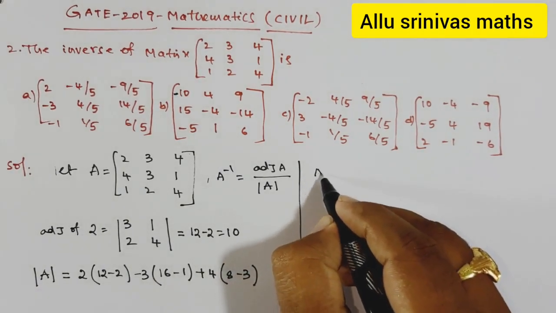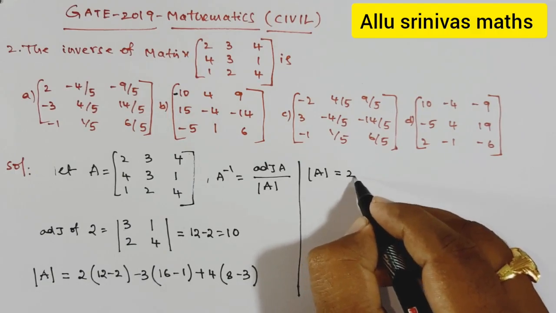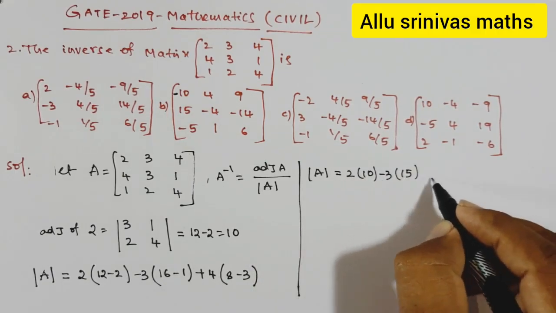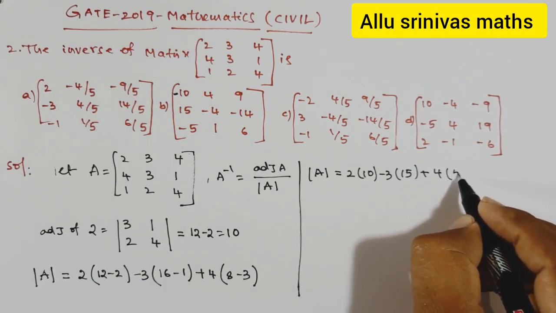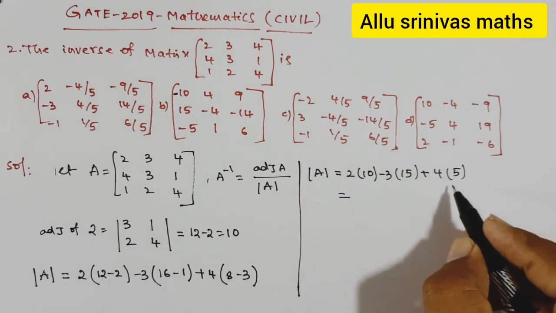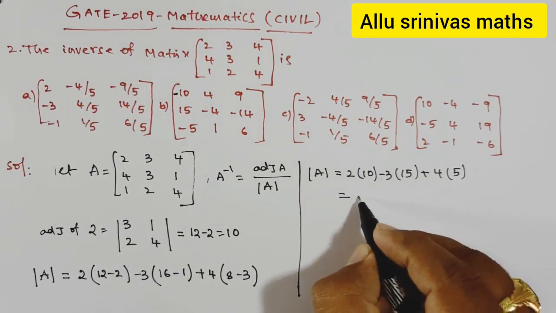So det A equals 2 into 10 minus 3 into 15 plus 4 into 5. Finally 20 minus 45 plus 20 is minus 5.